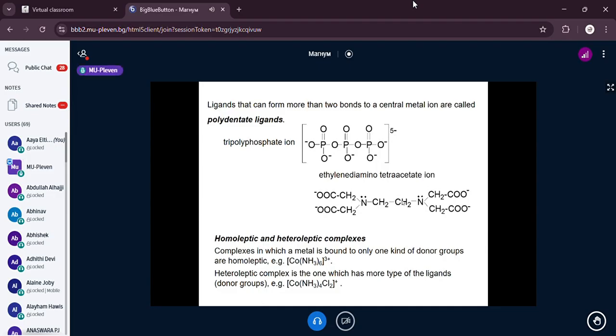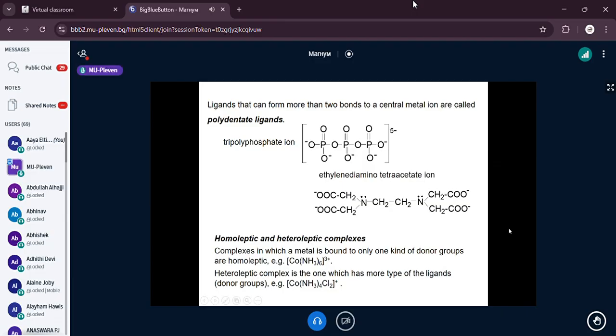I just found how to remember: ethylene, then diamine, and after tetraacetic acid. It is the creation of this.